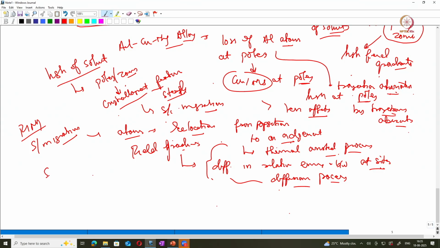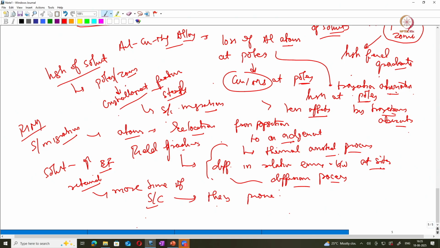If the solutes have a high evaporation field, meaning higher than the matrix, these are preferentially retained, as I told you before. So they spend more time on the surface, which means they are more prone to the surface migration process.